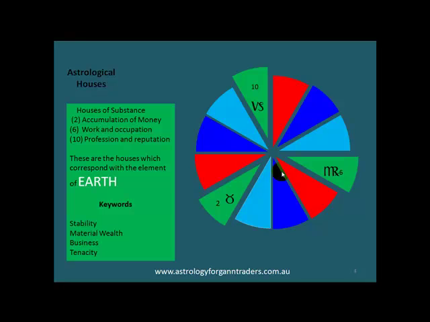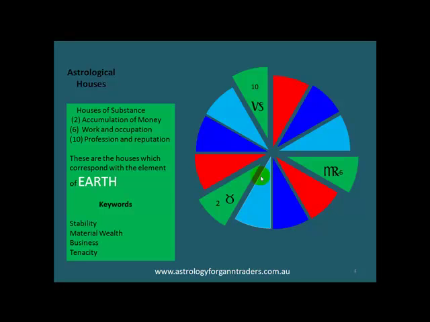Also, we need to understand all the astrological houses and what they represent in our life, and also if you're wanting to understand corporation charts of companies and stocks that you want to trade, we need to understand what these houses are all about. The houses of substance are to do with the earth signs.